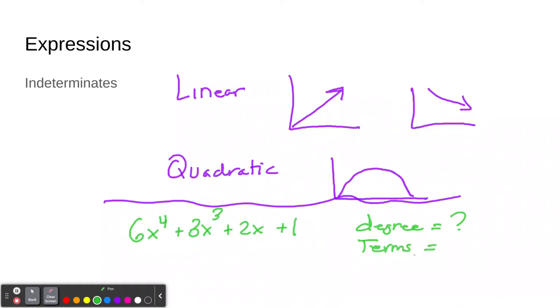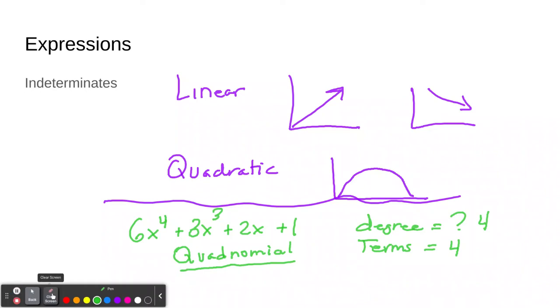The degree is 4 because the highest exponent is a 4. The highest power is a 4. There are 4 terms. You can't combine any of them. And by the way, this is a polynomial, but sometimes you might hear teachers say quadnomial. That was not really the case in the past, but you're hearing more of it now.